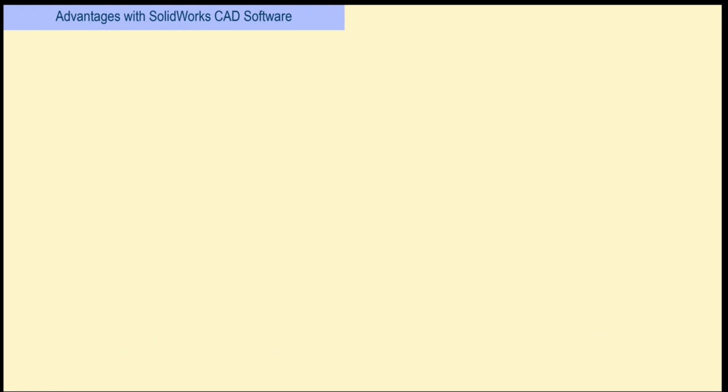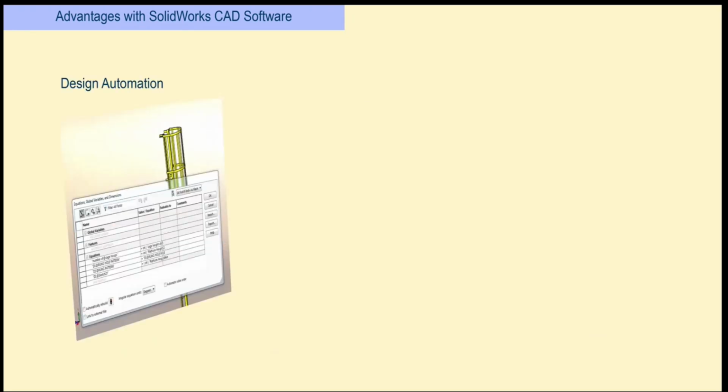Let us see some more advantages of SolidWorks CAD software, starting with design automation. Design automation is when you have a design which is already completed and you want to automate it to meet the customer's standard, you want to create a different variation, then you can use SolidWorks effectively by adding equations power to your assemblies.